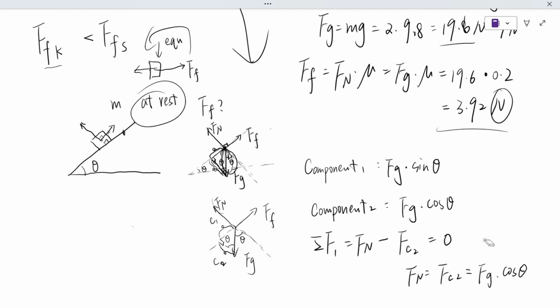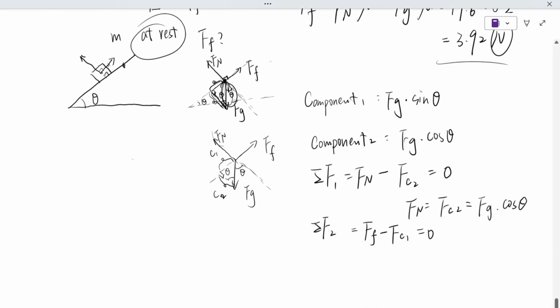Now, let's look at the friction direction. Let's write the net force equation for that. Net force number two is equal to Ff minus component number one, FC1, which is also equal to zero because it is in equilibrium, which means the net force in each direction must be zero.